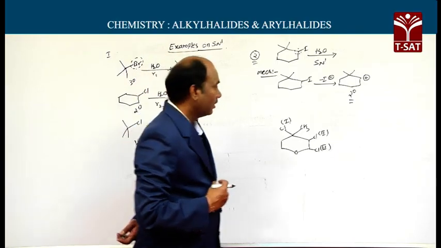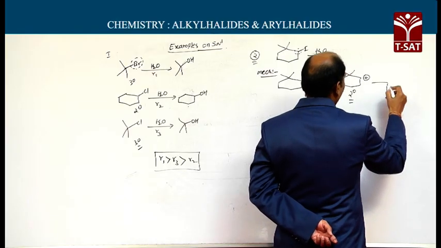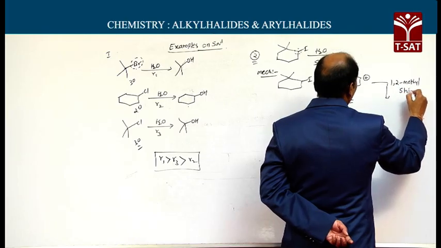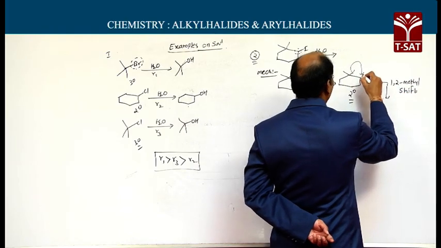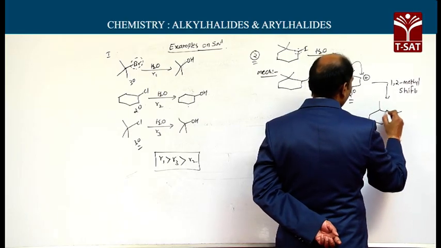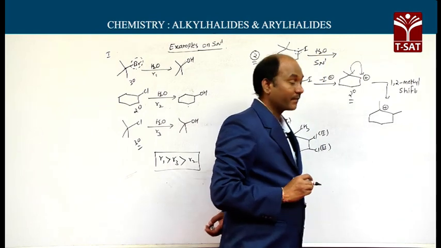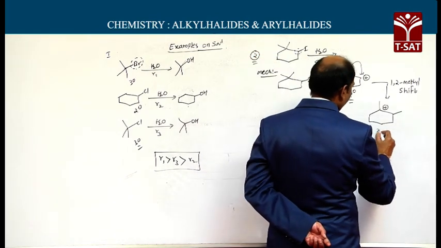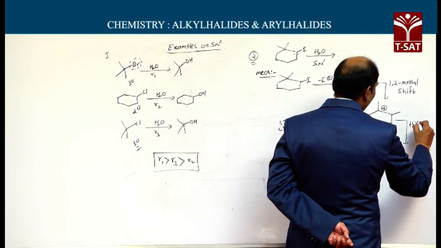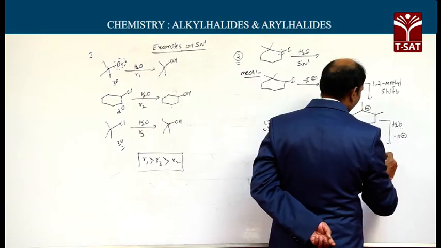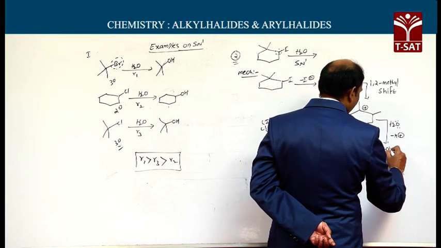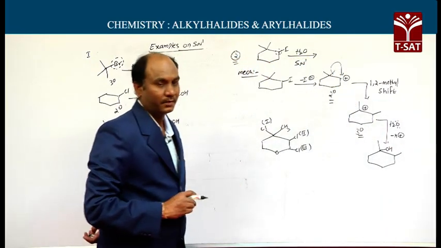Here a 1,2 methyl shift takes place. Here this is methyl, this is a carbocation, and this is a tertiary carbocation. It is more stable, then attack of H2O, then loss of H plus. Here we get this product, a cyclohexanol.